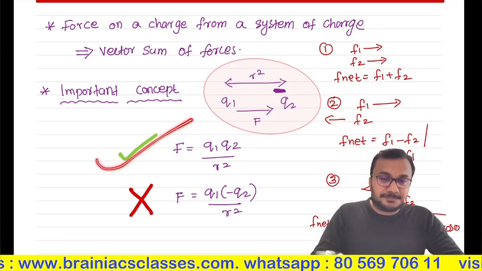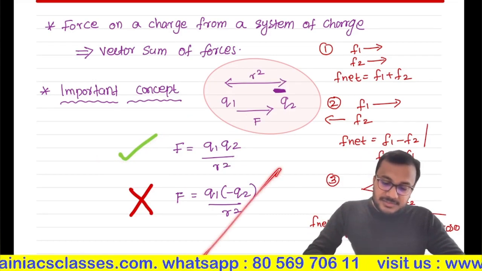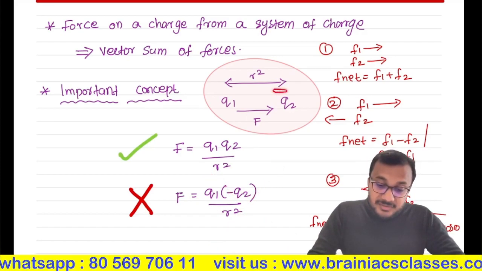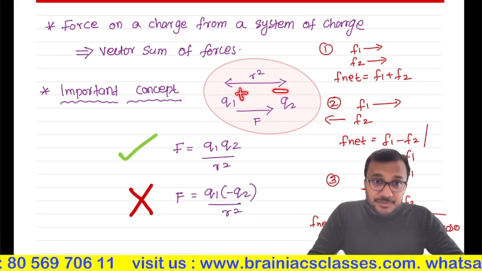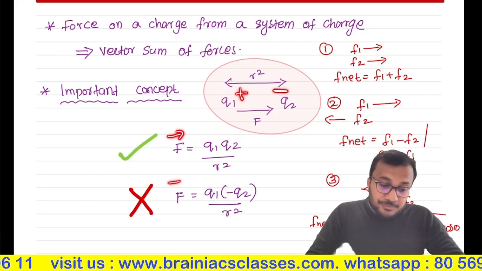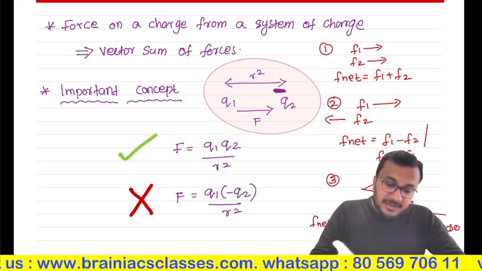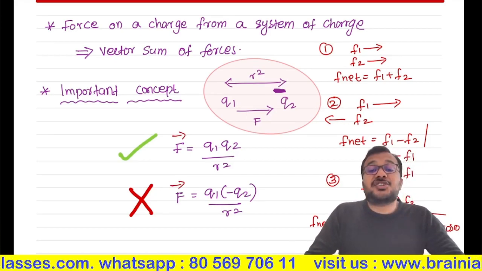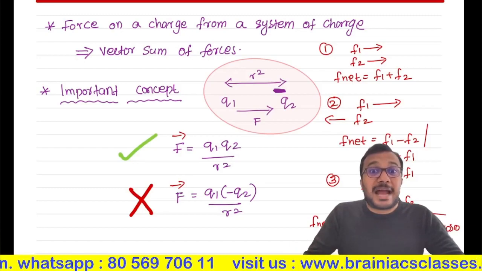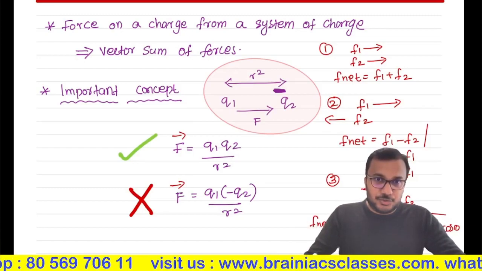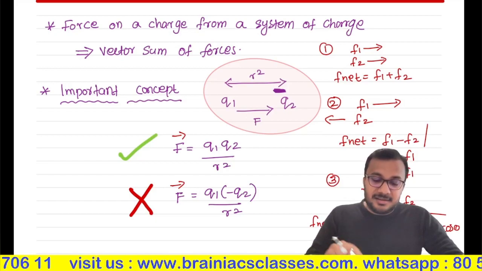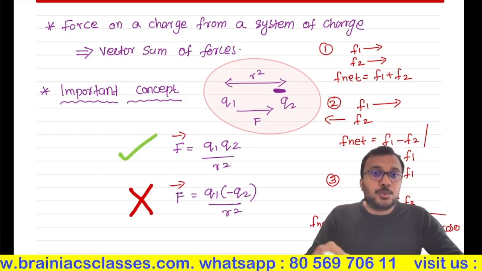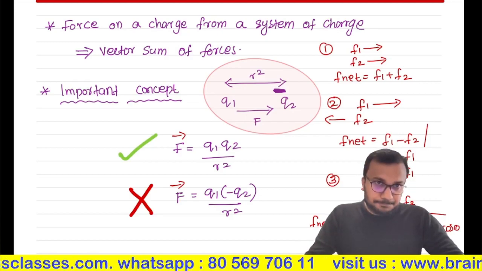Why is the other wrong? Because the sign of the charge gives you only the direction of the vector F. It has no impact on the magnitude. So while solving, you take F equal to Q1 into Q2, not Q1 into minus Q2.